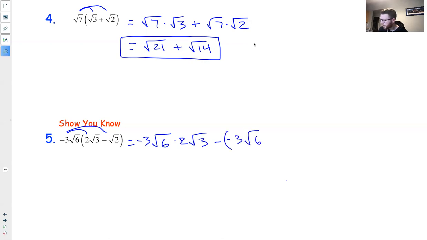I'm going to put a bracket there just to be careful with my negatives. Okay, so negative 3 root 6, and that is going to be multiplied by root 2.